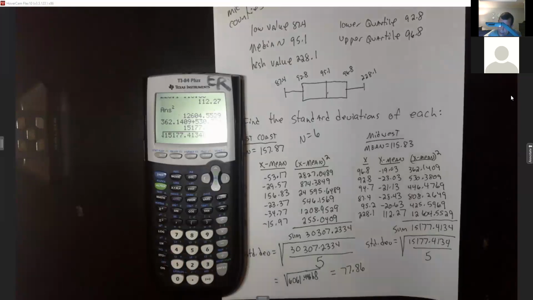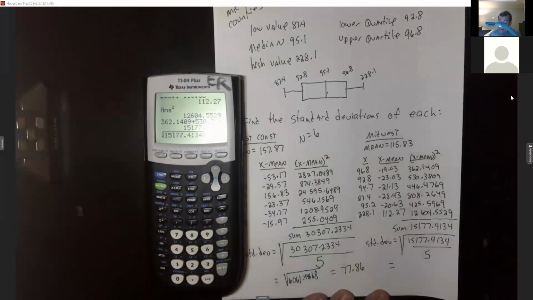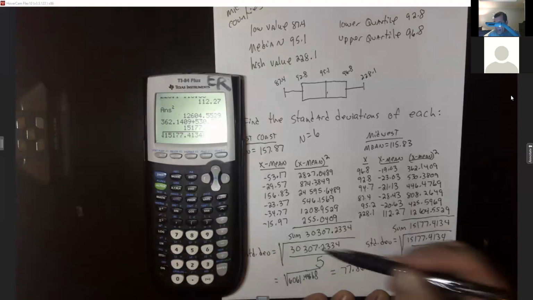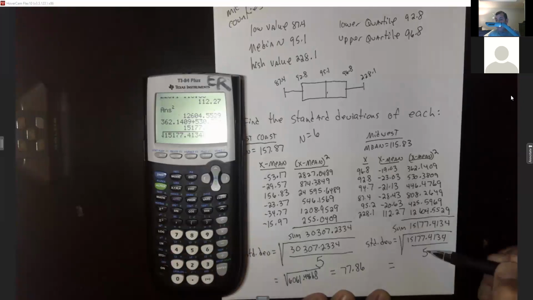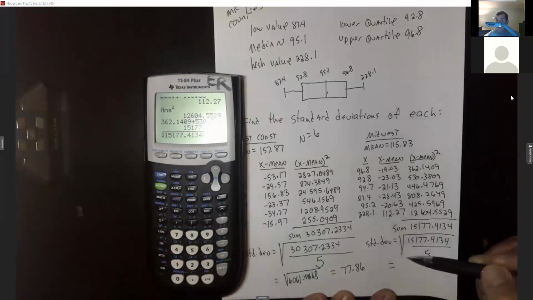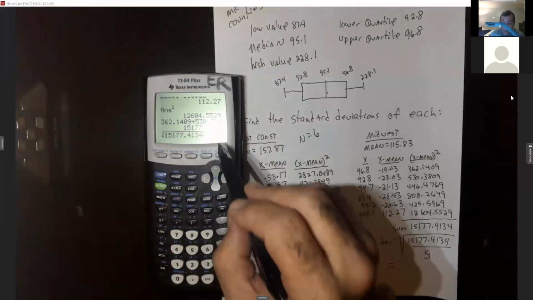When I hit enter, I will have my final answer. If you want to do it by steps, you would divide by 5, and then take that answer and find the square root. But if you want to do it all at one time, just put all of this under that radical.